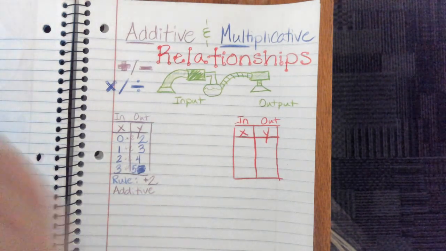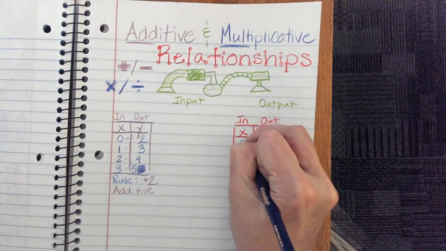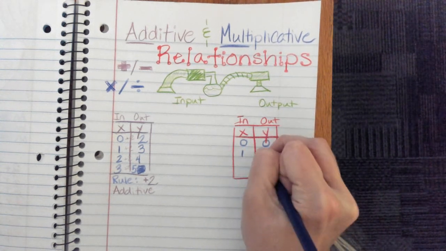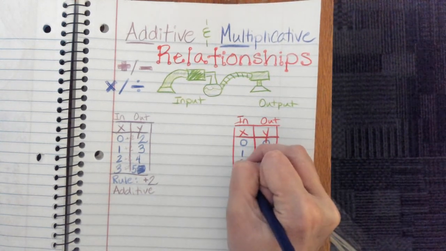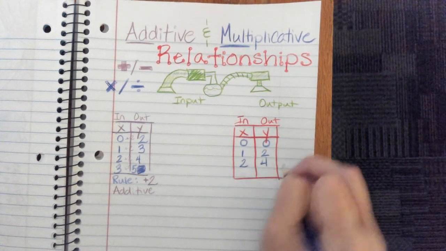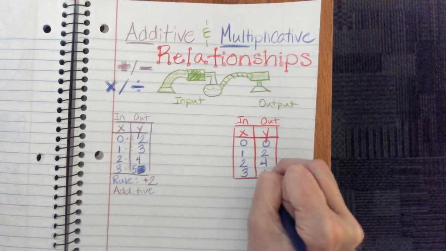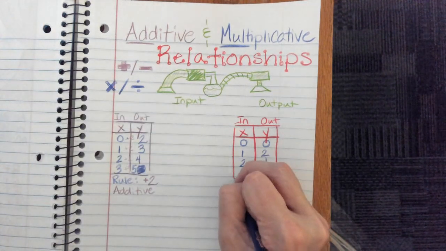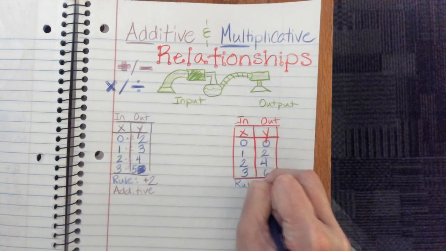Now over here, I'm going to put in 0 and I'm going to get 0 out. When I put 1 in, I'm going to get 2 out. When I put 2 in, I get 4 out, and this time when I put 3 in, I do get 6 out. Okay, so what's the rule for this table?